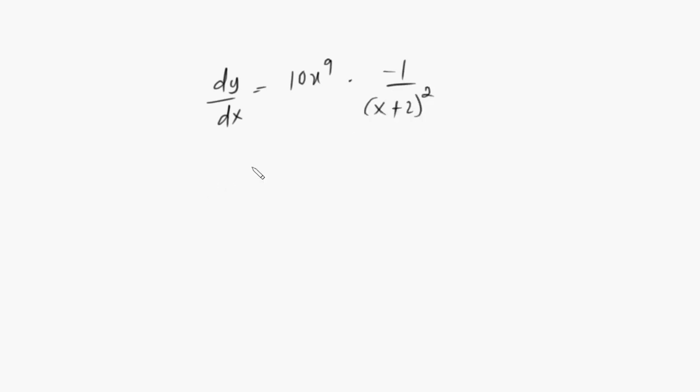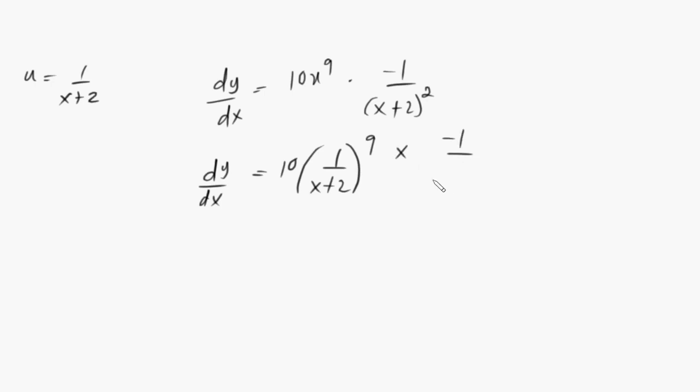So what was u? Remember, u was the inner function. So dy/dx is equal to 10 times (1 over (x+2)) to the power 9 times negative 1 over (x+2) squared.